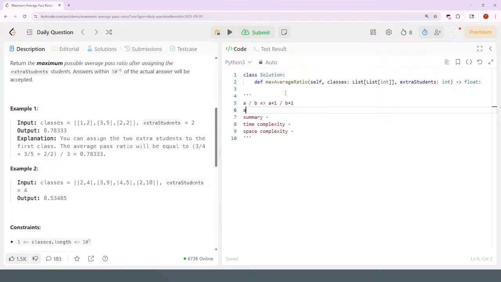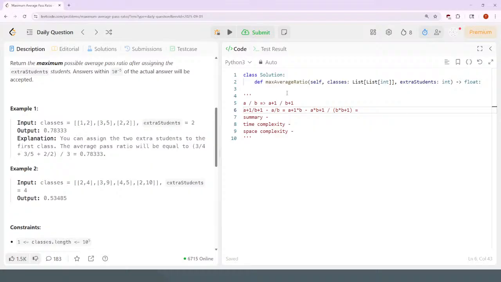Like let's do A plus 1 over B plus 1 minus A over B. That would be multiply the first and get common denominator, so it would be (A plus 1) times B for the first fraction numerator, and then the second fraction numerator would be A times (B plus 1), and then the denominator is going to be B times (B plus 1).